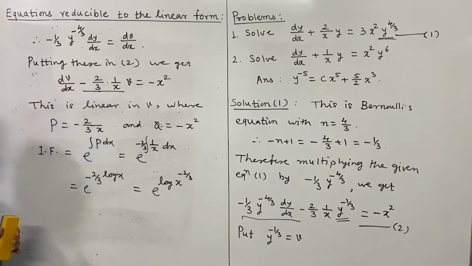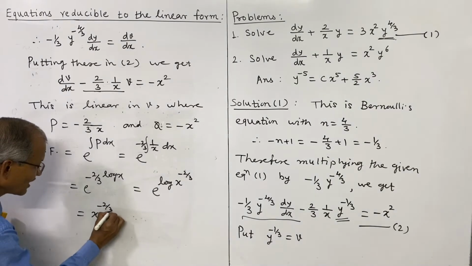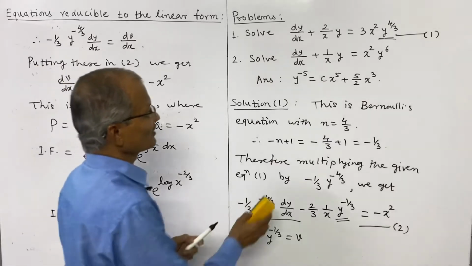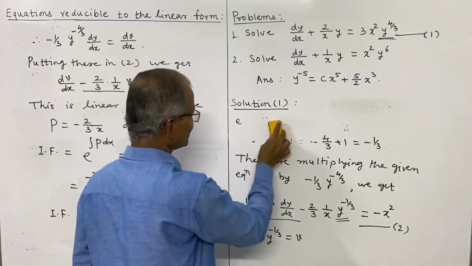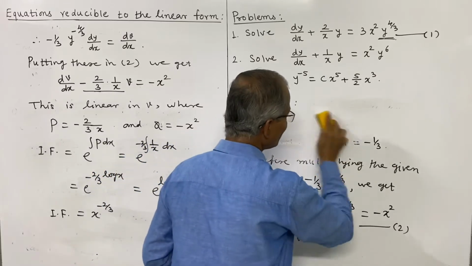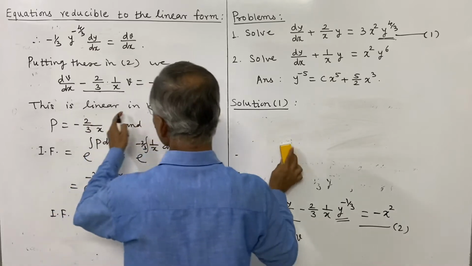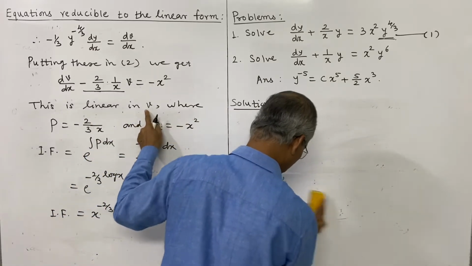This e and log cancels and this becomes x to the power minus 2 by 3. This is IF, and the solution is, so we know the rule of writing the solution. The solution is y into IF, instead of y now here it is v, because this is the linear equation in v. So its solution now can be written.